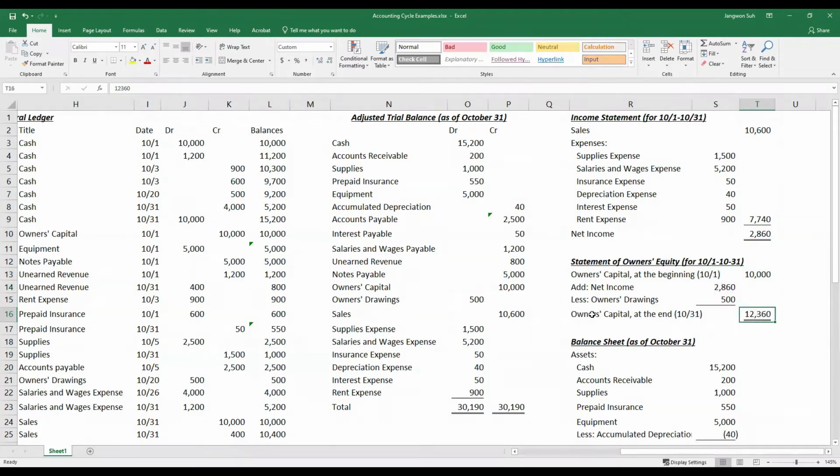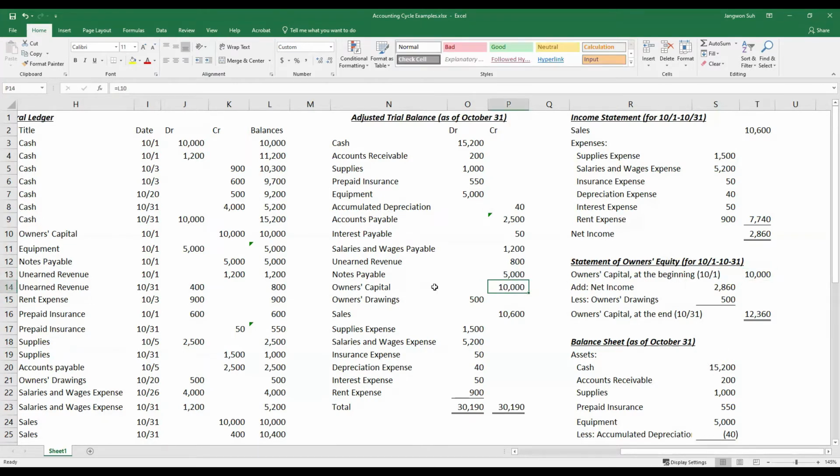Owner's capital is updated at the end of the period based on a calculation, not based on the adjusted trial balance, right? In the adjusted trial balance, owner's capital was simply a beginning balance.